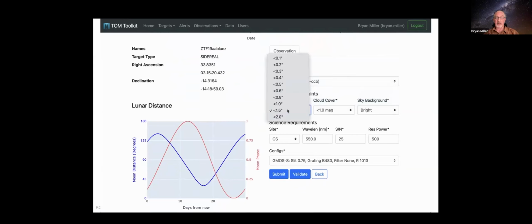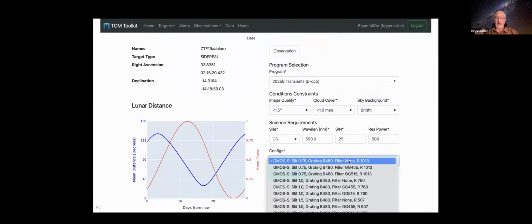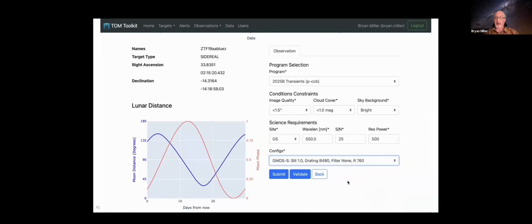I pick the observing constraints, which are now physical conditions on targets, they're not bands. And then I put in science requirements like the wavelength, the signal to noise I want, and the minimum resolving power, and it will give me a list of all of the instruments and modes that meet those science requirements that I have access to. They're on the telescope or they're approved in my program. So I can pick one of those configurations. I hit submit.